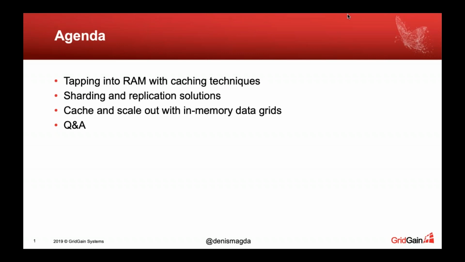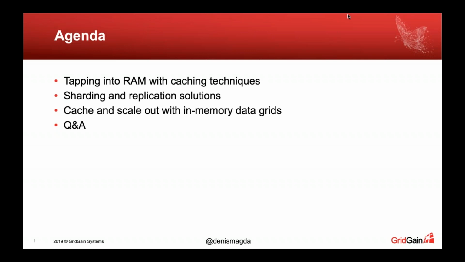After that, we will slide a little bit into a different direction, checking how sharding or different replication solutions available for Postgres can help to enable horizontal scalability for the database.